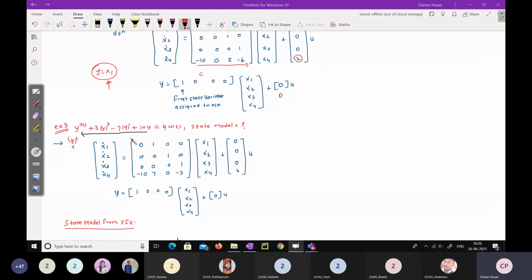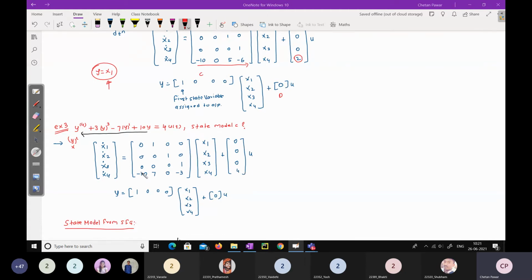So the first point will be -10, the second will be 7, then the y raised to 2 term is missing, so that will be 0, and the third term is -3 because that is a +3. So -10, 7, 0, -3, and 4 into u of t. So what will be the input matrix? 0 0 0 4. This will be the input matrix.